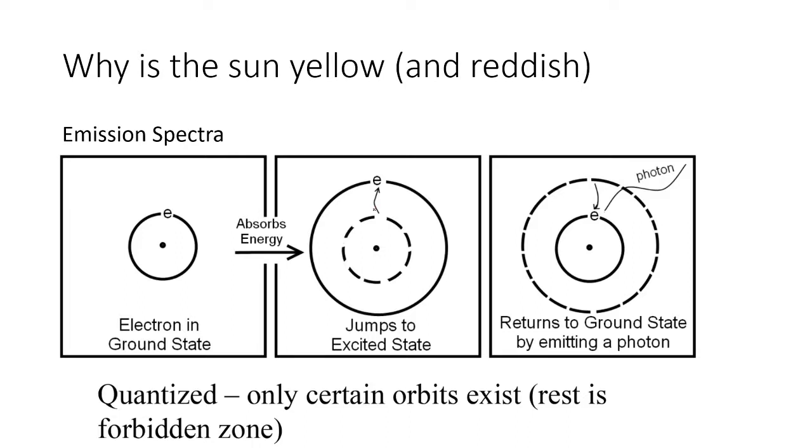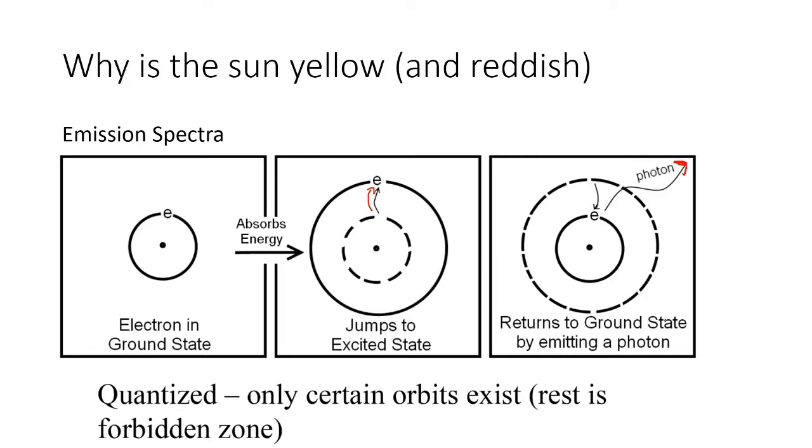So if they absorbed energy on the way out, they have to release energy to go back down. Like if you throw a ball in the air, you give it potential energy at the top, and then when it returns to your hand, it has to emit or get rid of that energy, and it's kinetic. In this case, the energy is emitted as a photon, which is a light particle.